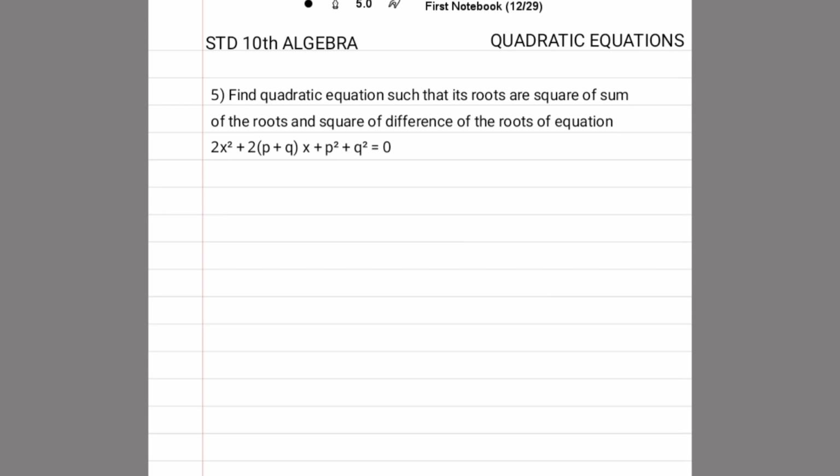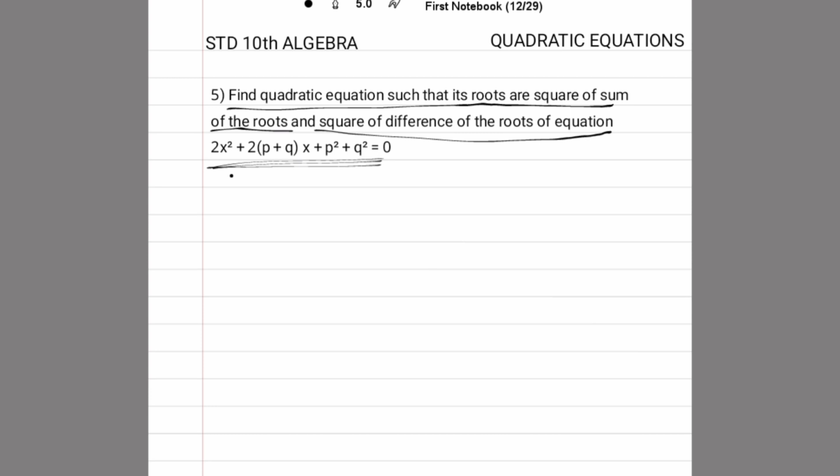we will read the question, that is find the quadratic equation such that the square of the sum of the roots and the square of the difference of the roots of this equation are its roots. Now we have to find a new quadratic equation whose roots are the square of the sum and the square of the difference of the roots of this equation.